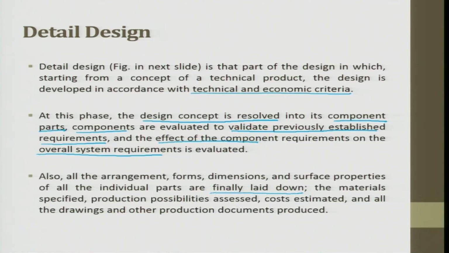All the arrangement, form, dimension, surface properties of all the individual parts are finally laid down. The material is specified, production possibility assessed, cost estimated and all the drawings and other production drawings are produced.